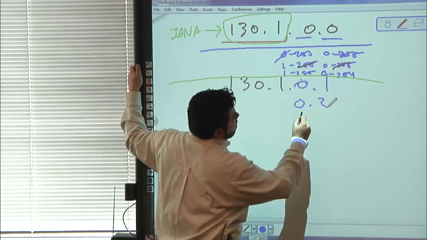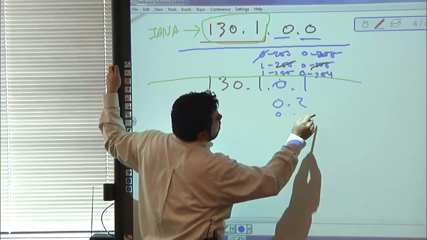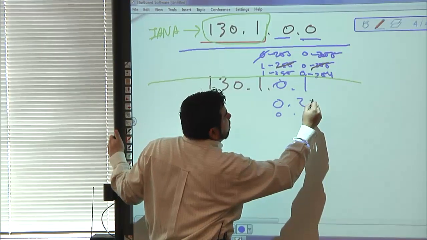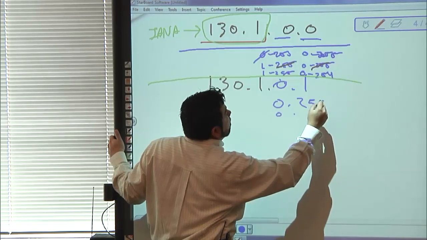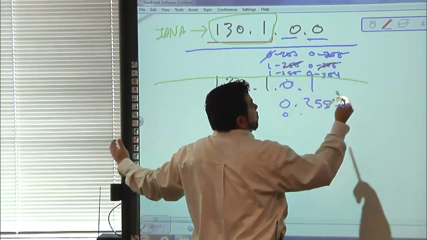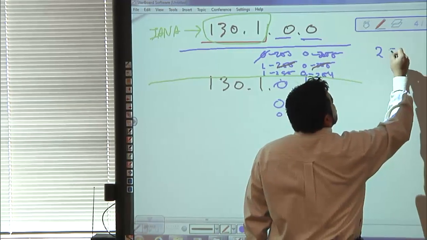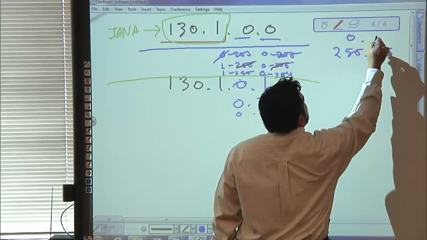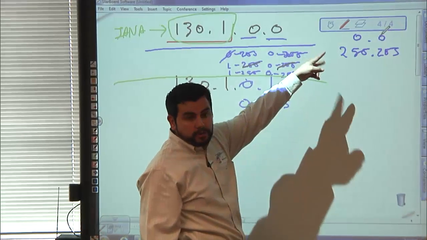What's the very next one? .3, and you would keep going all the way till you reach what? 0.255. This time you can use 0.255 because the ones that you lose are 255.255 and 0.0. So those are the two that you lose.